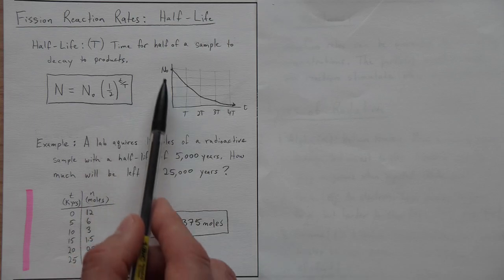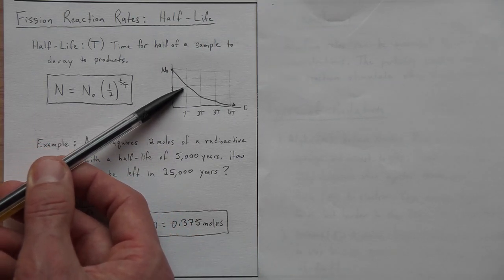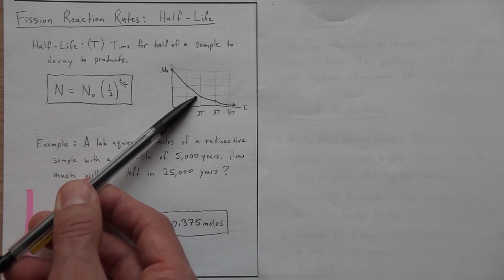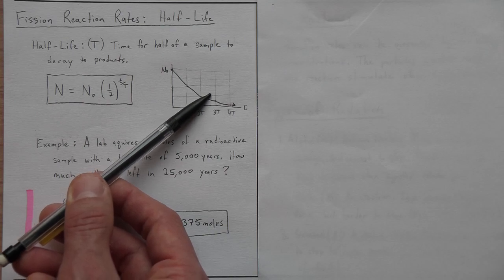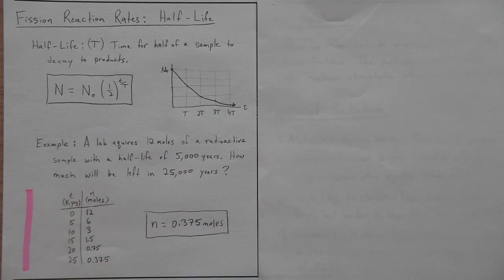Every time a half-life goes by, the amount of substance drops to half of its original. Then another half-life goes by, and we drop another half. Another half-life, another half. So you're always dropping by half, decreasing the amount of substance there.